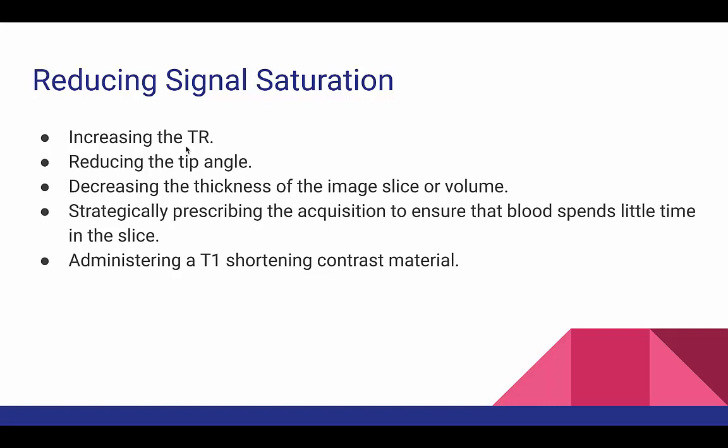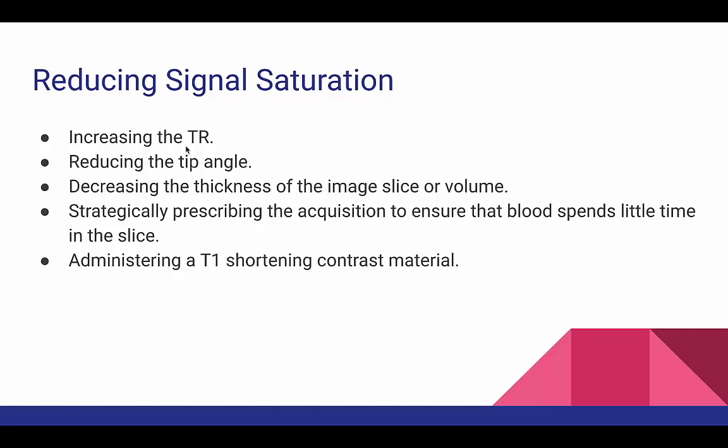Reducing the tip angle, well, you might be wondering what tip angle is. There's a very abstract definition again, sorry, but it is the amount of rotation the net magnetization experiences during the application of an RF pulse. I really don't want to get into much detail about it. I just wanted to familiarize you with the concept.